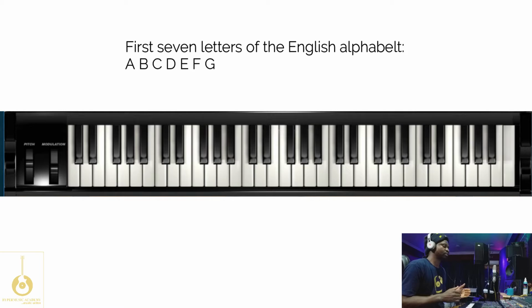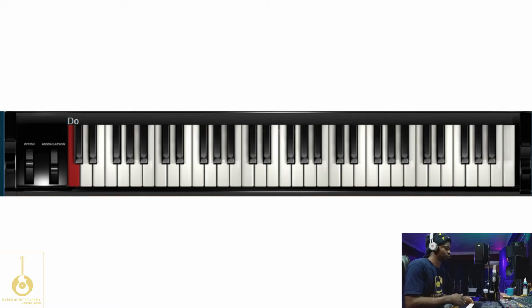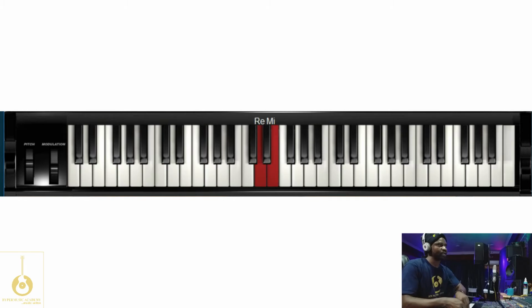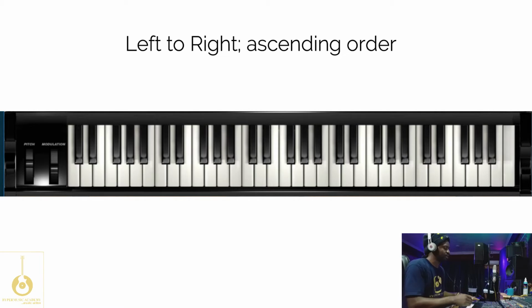For example, if you are coming from the left, the lowest octave on the keyboard, towards the right, upward like that, in ascending order, we refer to the black keys as sharp. Alright?